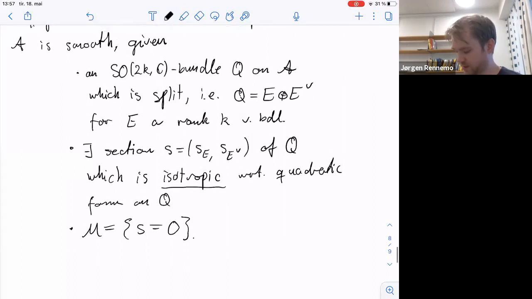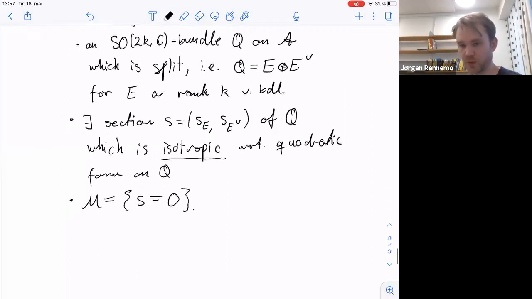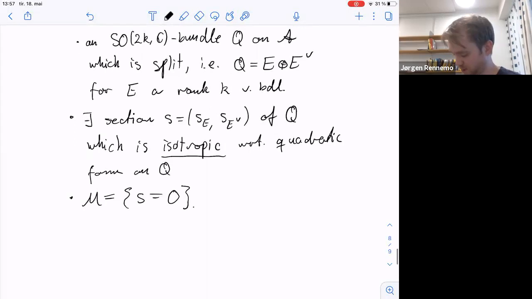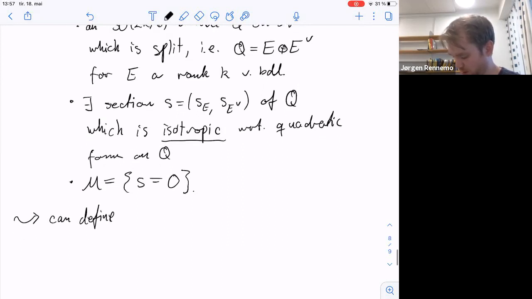Once you have this toy model set up, then you can define the class simply and explicitly. Then we can define this class, O-hat-vir, by writing down a complex, which is, let's start with the ambient space, and you take a Koszul type thing.